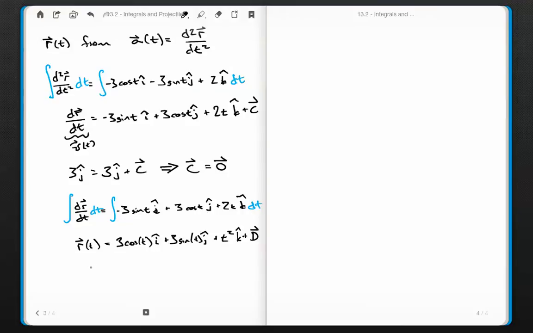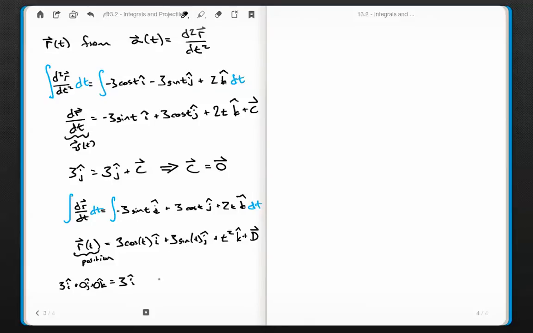Fortunately, I know where I'm standing at t equals 0. So this is now position. And I know that my position is at 300, right? Or is it? Yeah, it's 300. What did I say on that back page? Yeah, 300. So I know that 3i plus 0j plus, and I'm still on the ground here, 0k equals 3 times the cosine of 0, which is now 3i, equally convenient.